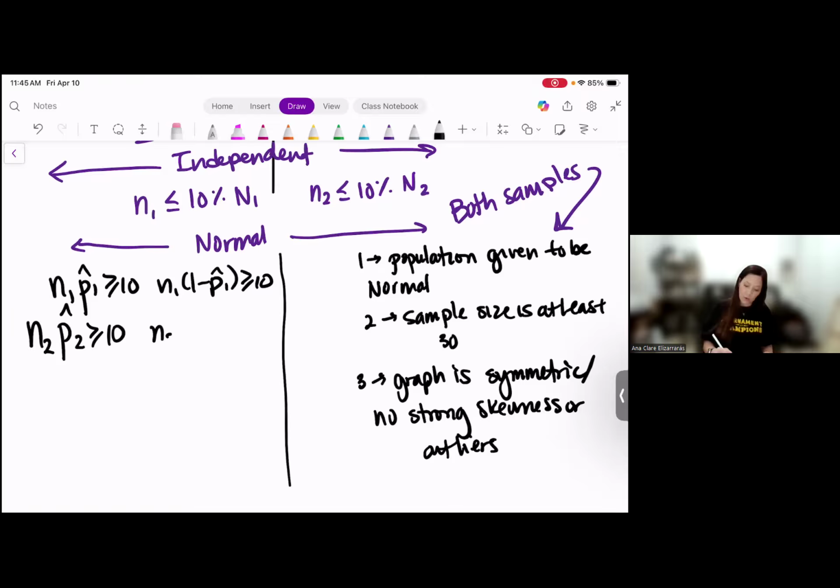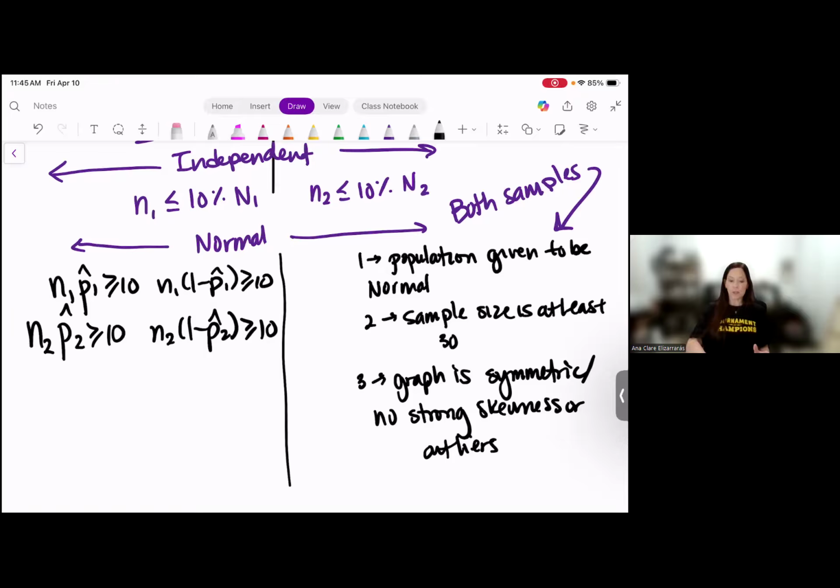Actually, in this case, there are 4 things that need to be true. And if those conditions are met, we're safe to proceed and we can perform calculations. If your sample is not random, you cannot generalize to the population and it's a waste of your time. If your sample is not independent, you run the risk of sampling the same people twice and getting bad data. If your sample is not normal, you cannot use normal probabilities for calculations.